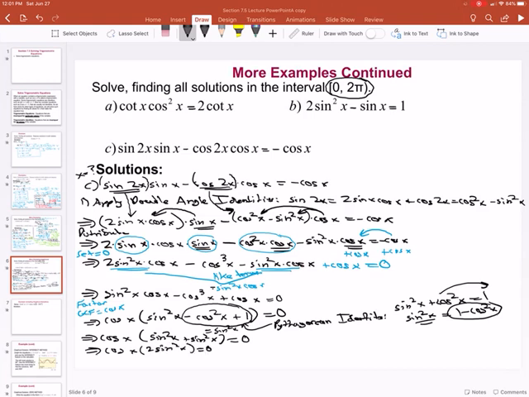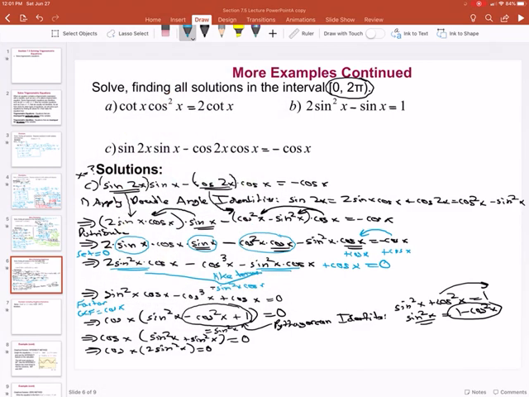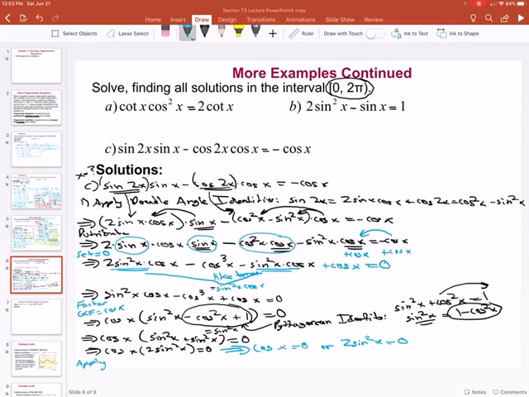And now we apply the 0 factor property. That implies cosine of x can equal 0, or 2 sine squared x can equal 0. So again, apply 0 factor.